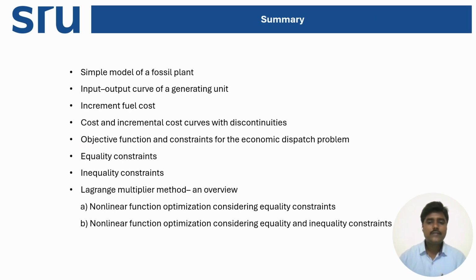We can summarize today's lecture as follows. We have seen the simple model of a fossil fuel plant, called a unit. What is a unit here? The combination of boiler, turbine, and generator. All of this set together is called one unit.